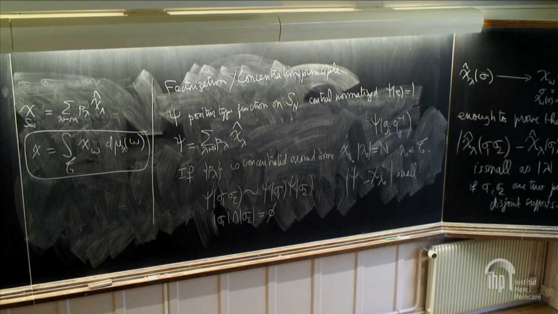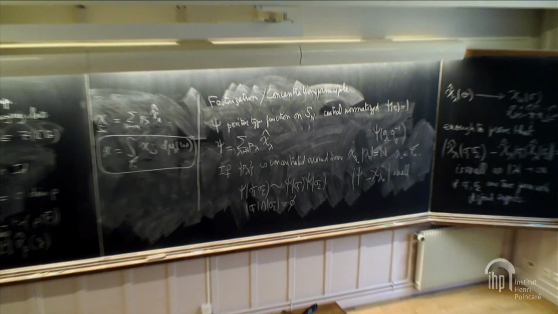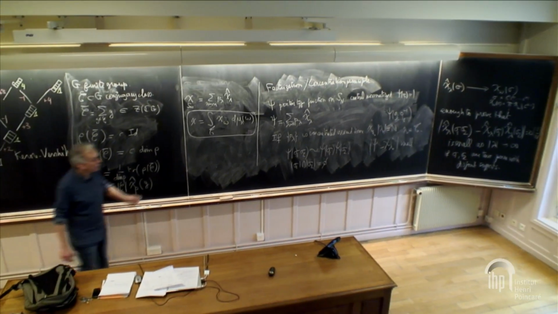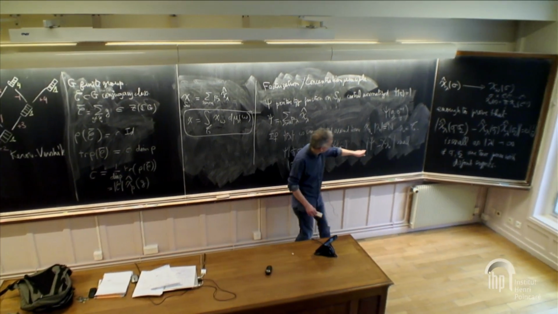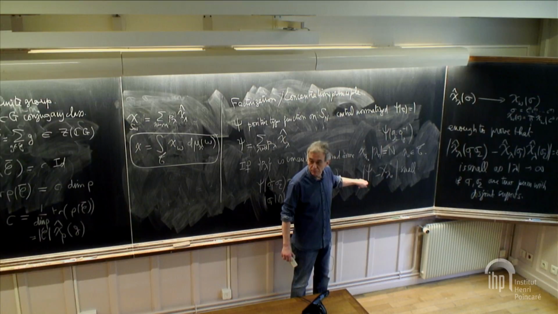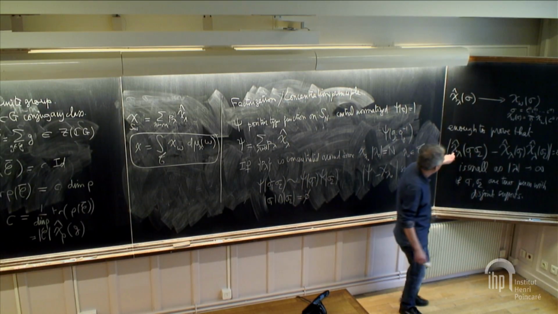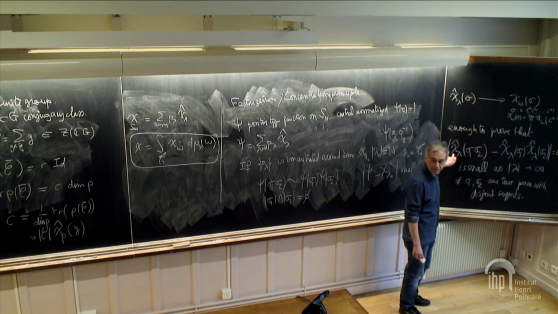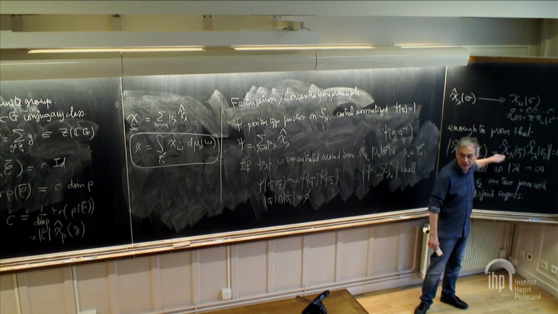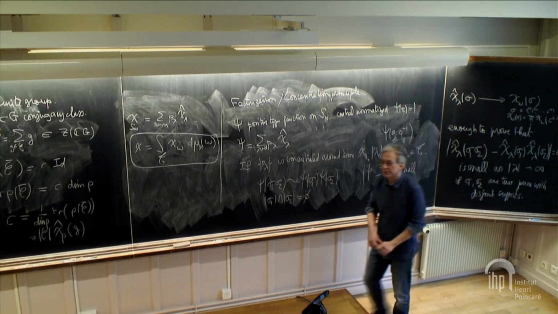If n is very large, this can happen. So the relation doesn't apply immediately, only to a fraction of 1 over square root of n of the n. Because what I claim is that if this difference is small, then you can replace this by psi, and this by the product of the psi, and the error is small.